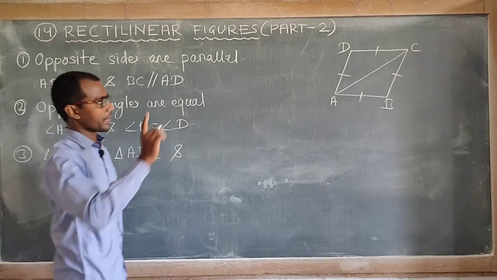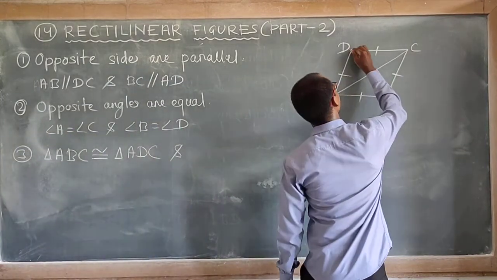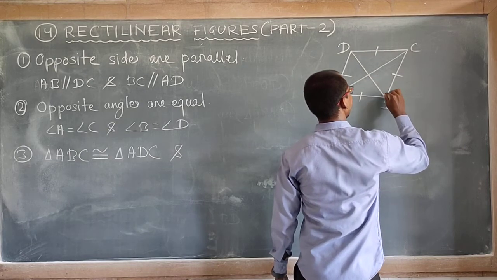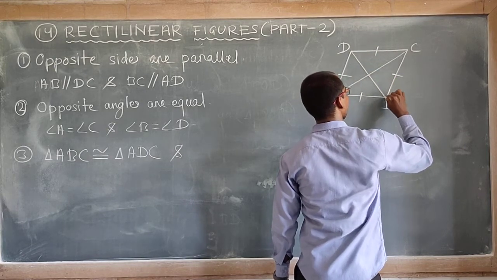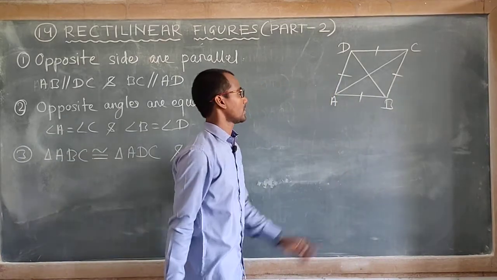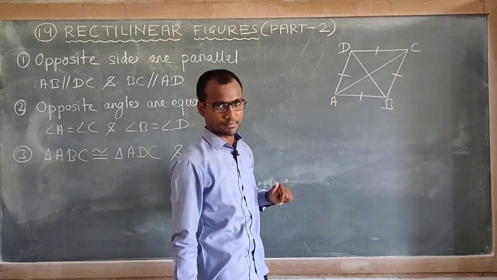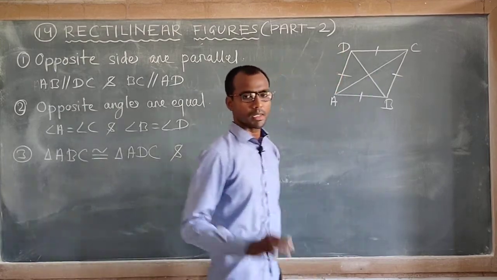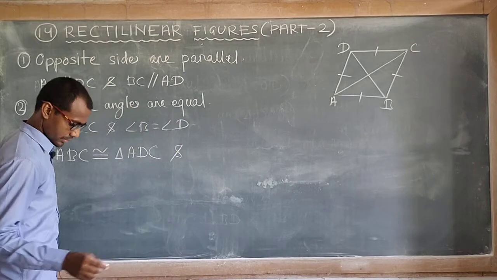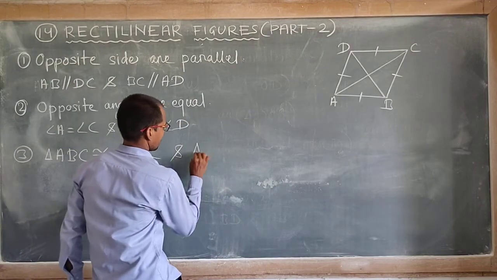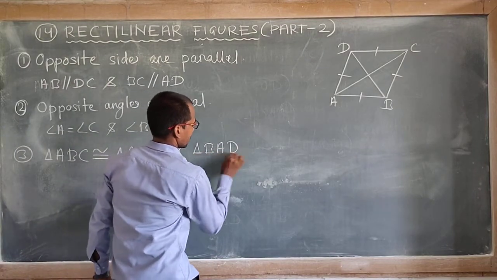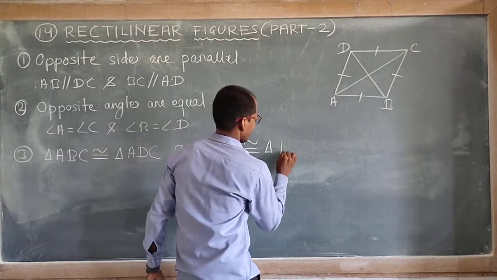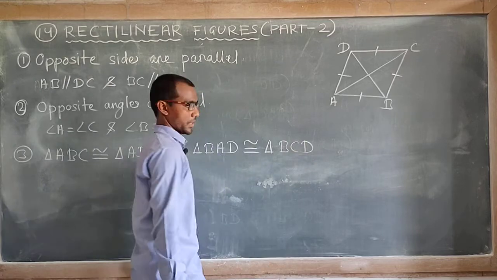And if I join BD, again I will get two triangles. Do not look at AC, simply look at BD. You will get two triangles BAD and BCD. Again these two triangles will be congruent to each other. So you can write here triangle BAD congruent to triangle BCD. Okay.